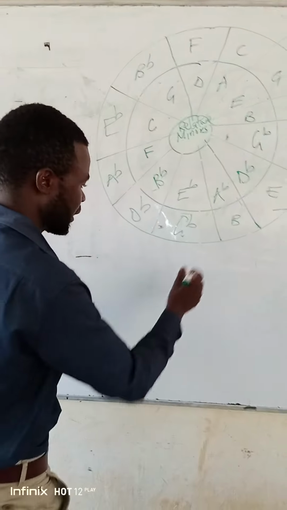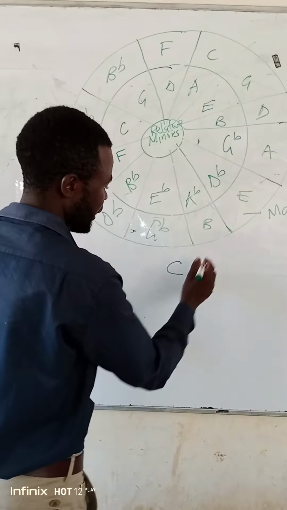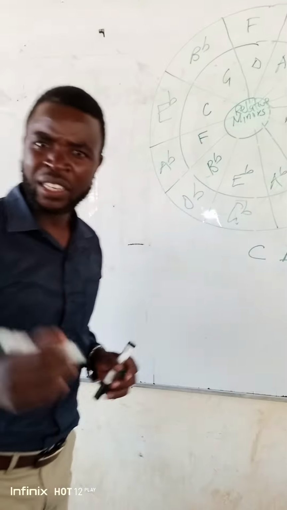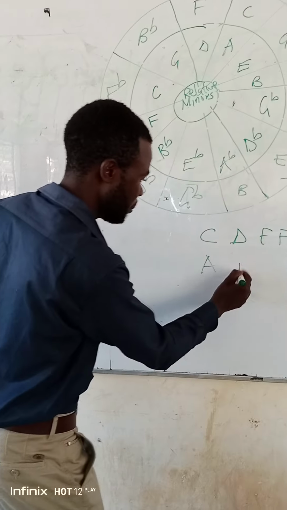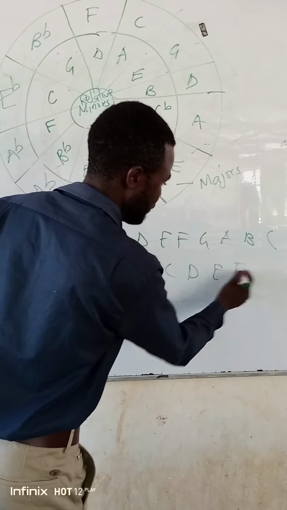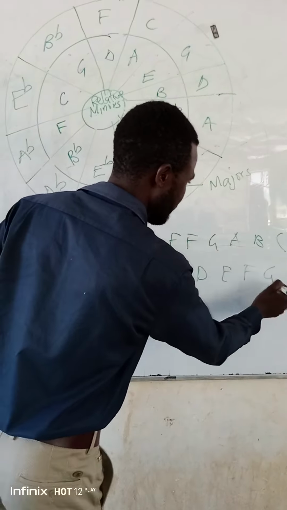C major is C, D, E, F, G, A, B, C. But A minor is A, B, C, D, E, F, G, and A is repeated. What is the difference? All of them are the same, but the order of organization is different. All the notes are common. That is what we mean by relative minor.